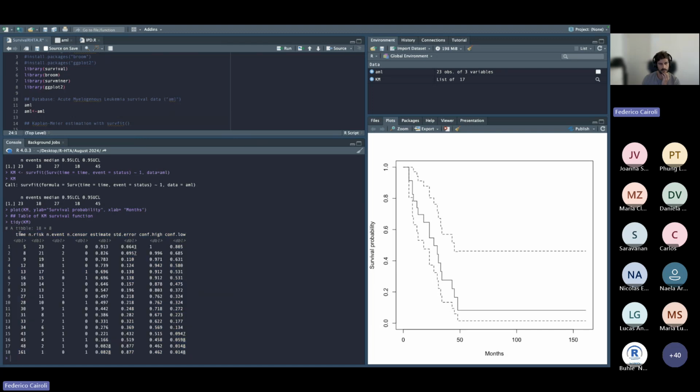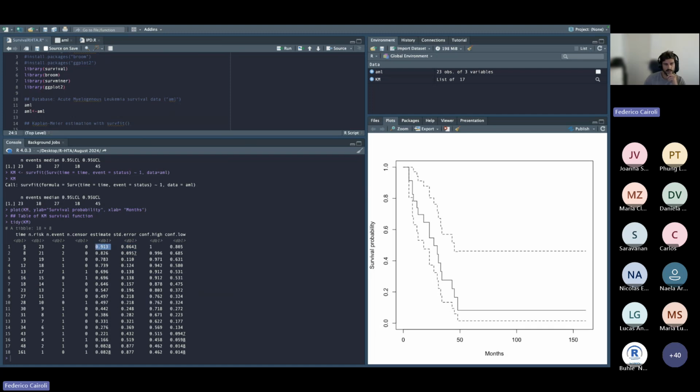So basically, the idea is that we are going to have time of follow-up here, number of patients at risk, total number of events per interval, total number of censored patients per interval, then the estimate of the survival probability, the standard error around this estimate of survival probability, and the confidence interval high and low for this specific value.